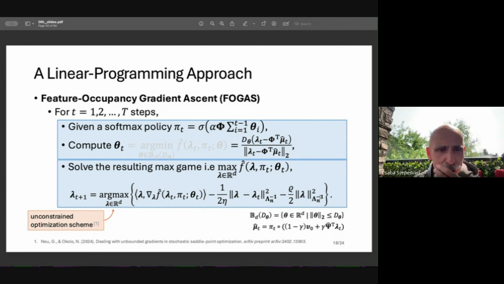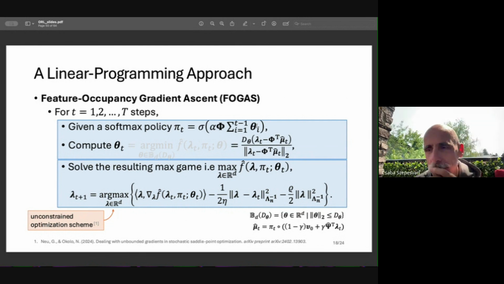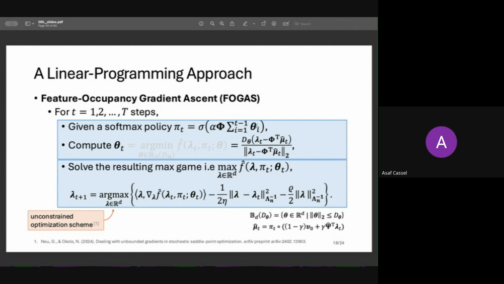Why do you choose the softmax policy? Because eventually we need to control the regret of pi. Right. So you just need to run a regret minimization over your empirical loss, essentially. Yes. Thanks.